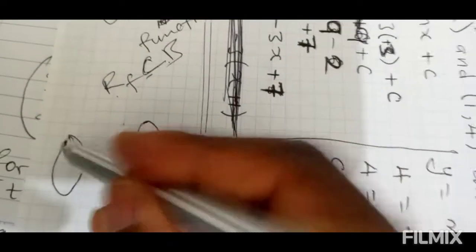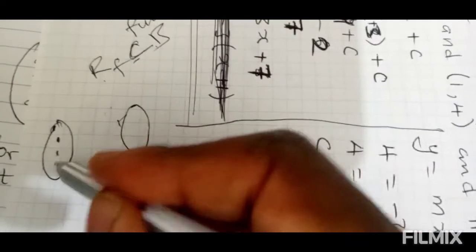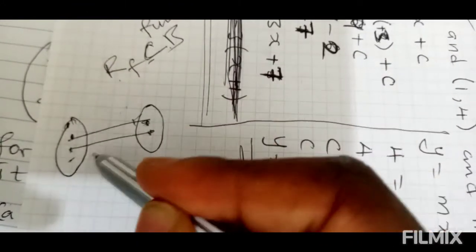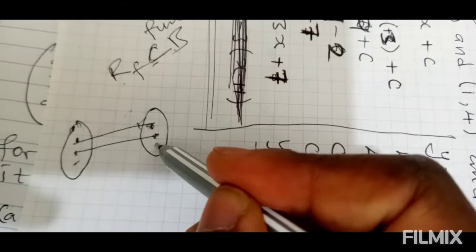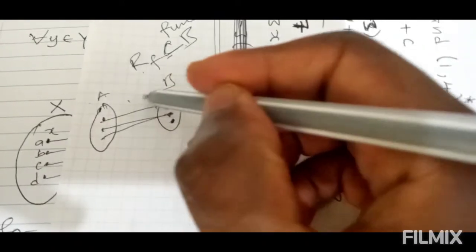So similarly, if you have a function relation which is injective, which is into, you have these elements. This one goes to this, this one goes to this, and you have this one. So this is A and this is B. So the function is going to this other side.